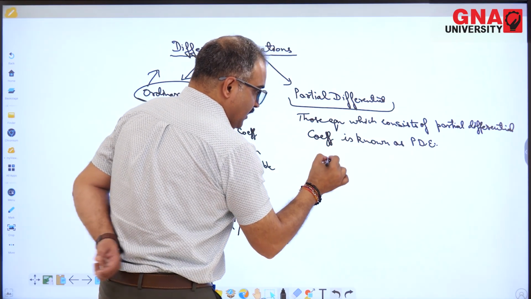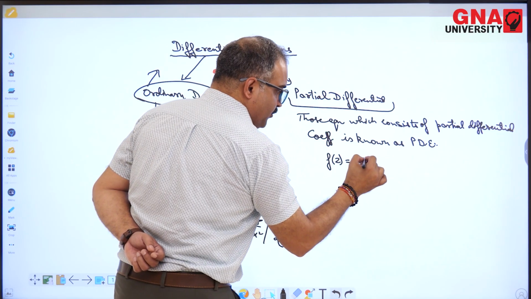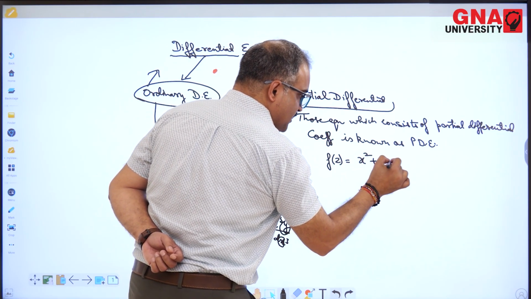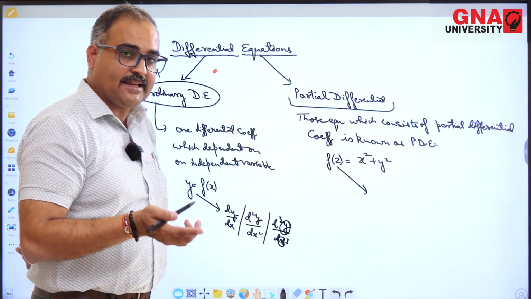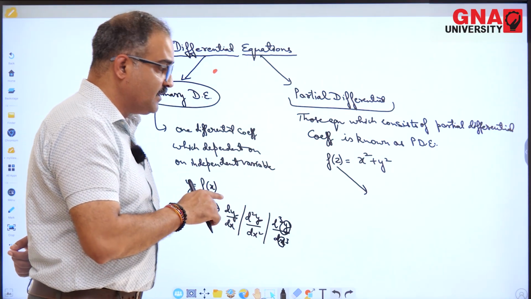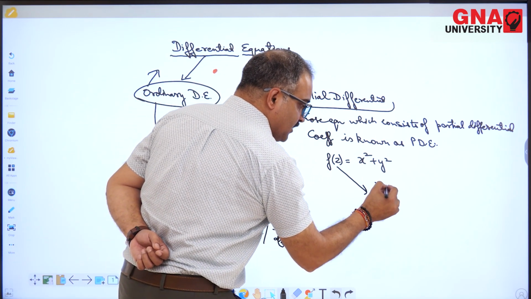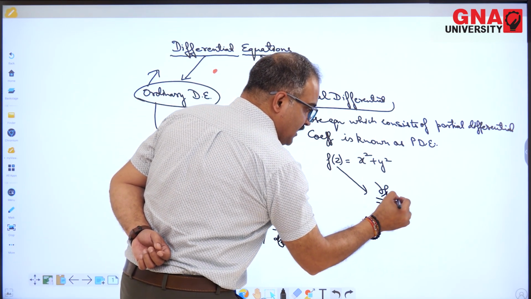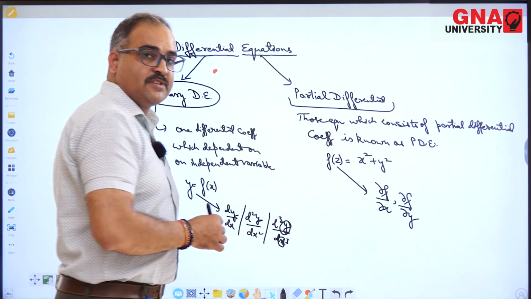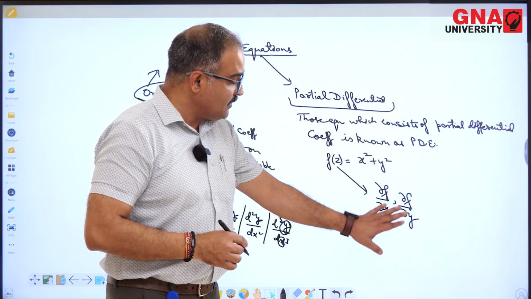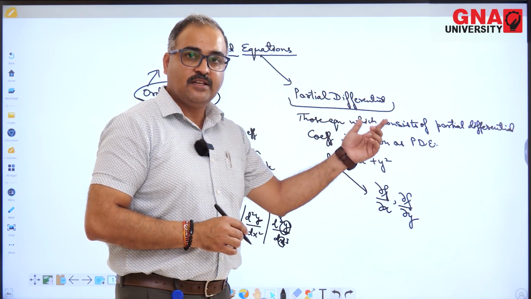For example, if I take f of z, we have a function and it is depending upon two variables x square plus y square. Now if I take derivative of this f, we have a choice that I can take derivative of function f either with respect to x or with respect to y. So its derivative will be curly f by curly x, as well we can take derivative curly f by curly y. So those equations which consist of partial differential coefficients are said to be partial differential equations.